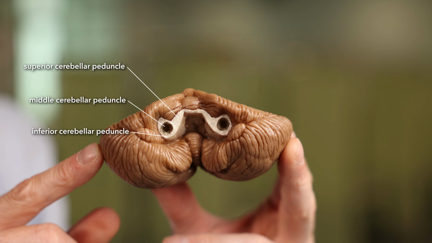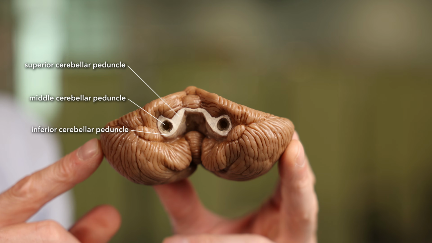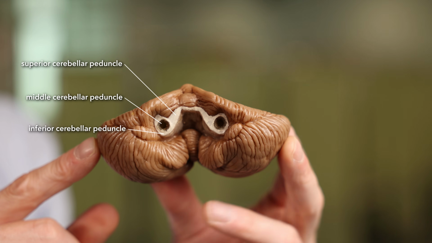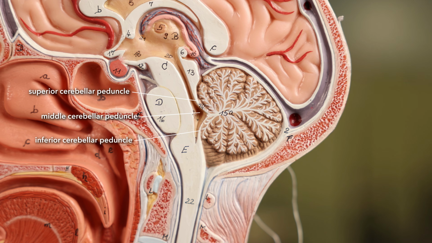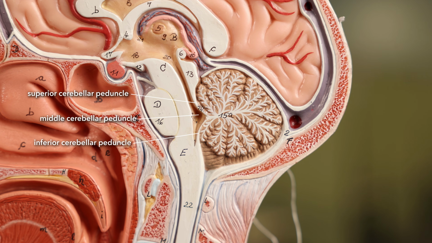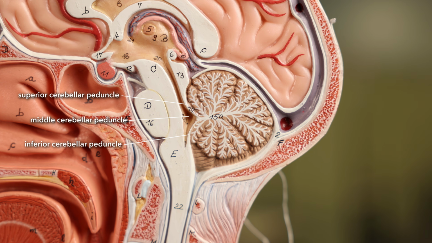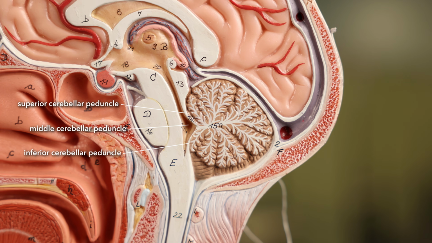But both the fun thing and the very useful bit of information when you're trying to work out where everything is in the central nervous system and how it's all attached, because it's quite difficult because you can't just pull it apart like muscles and stuff, is that there are 3 peduncles on either side, so superior, middle, and inferior peduncles, and then you've got the cerebellum, and then you've got the brainstem. They leave a space in between themselves.